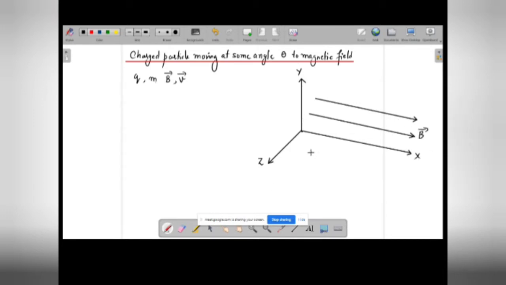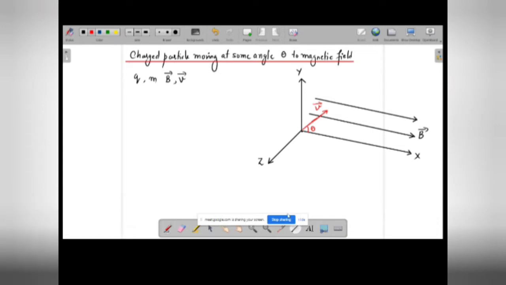Okay, let's say that the velocity vector is entering the magnetic field at an angle. So it is going at an angle like this. This is my velocity vector v, which makes an angle of theta with the magnetic field. So this is how my charged particle is entering. This velocity v can be resolved into two vectors. Since it is coming at an angle in the xy plane, we can definitely resolve it.